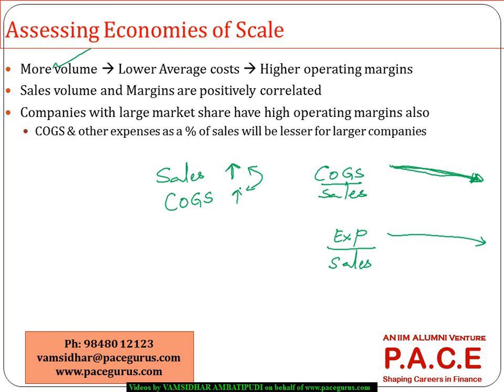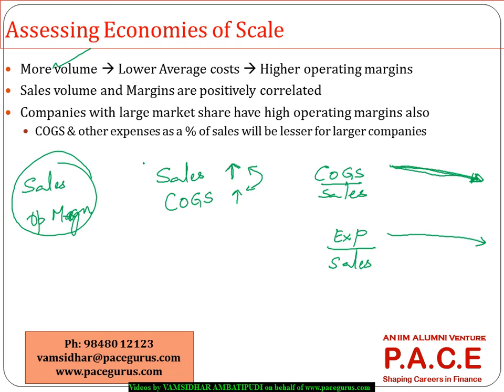So if a company is deriving higher operating margins year over year with the growth of business, meaning I am seeing that the sales and operating margins are showing a positive correlation, then I can very comfortably say that this company is exhibiting economies of scale.